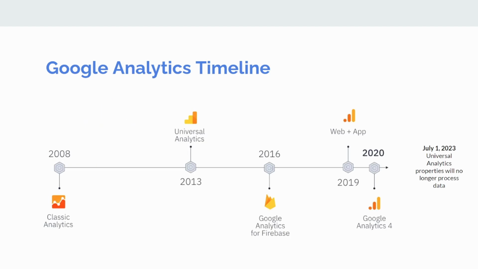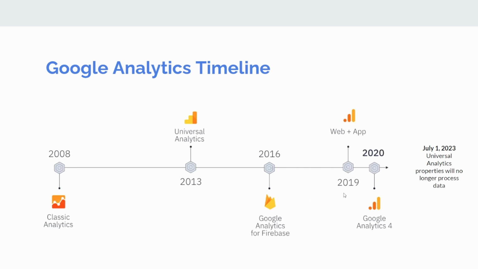So before we get started, perhaps it'll be interesting to understand how we've got to today and the history of Google Analytics. So Google Analytics Classic came out in 2008, and Google purchased a company called Urchin, rebranded it Google Analytics. In 2013, we got Universal Analytics, and in 2016, we got mobile analytics in the form of Google Analytics for Firebase.